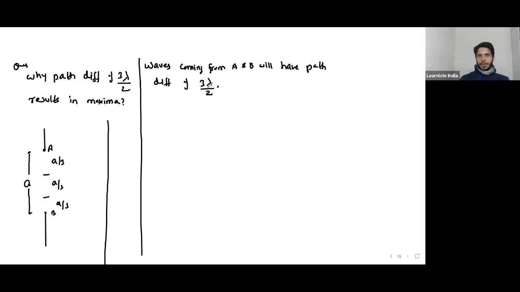So you are dividing basically this path difference of 3 lambda by 2 into 3 equal parts of lambda by 2 each. So we divide the slit into 3 equal parts.